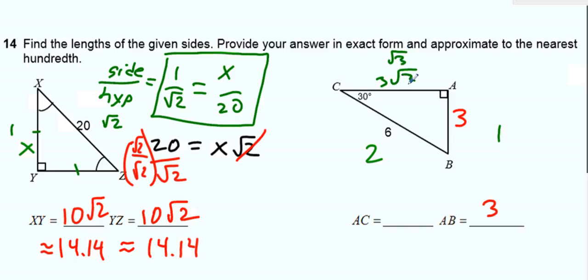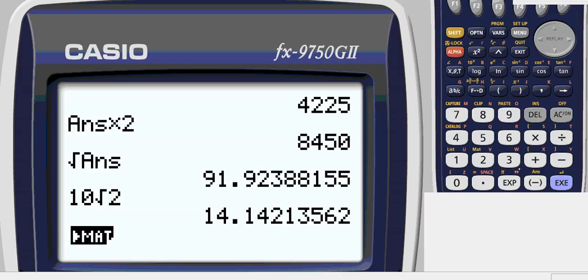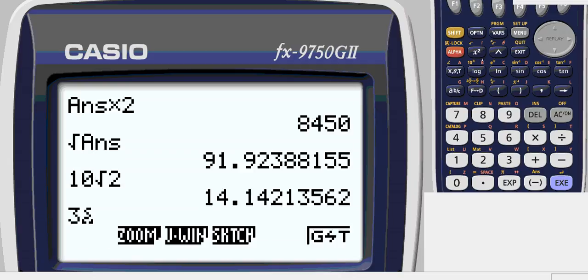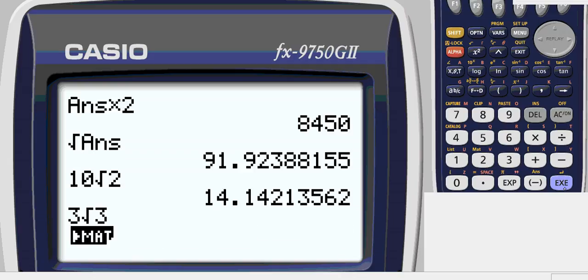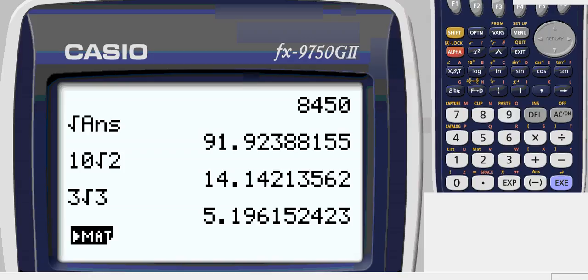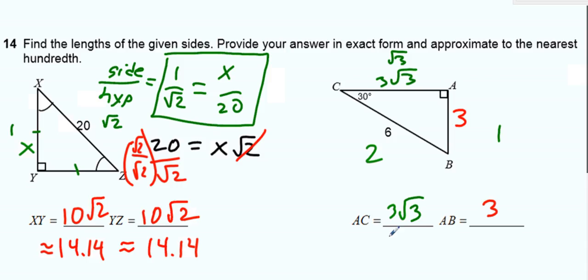So this would be 3 square root of 3. You can get that from your calculator to get the approximate. 5.196 would round to 5.2.